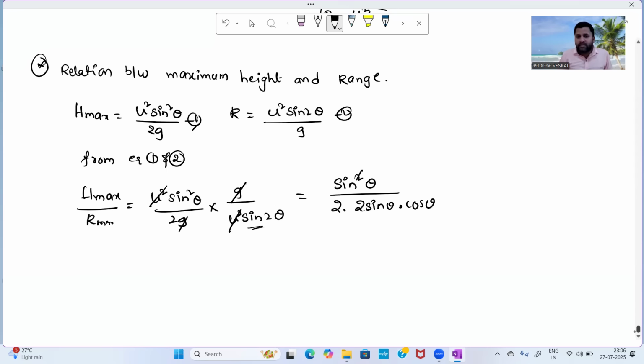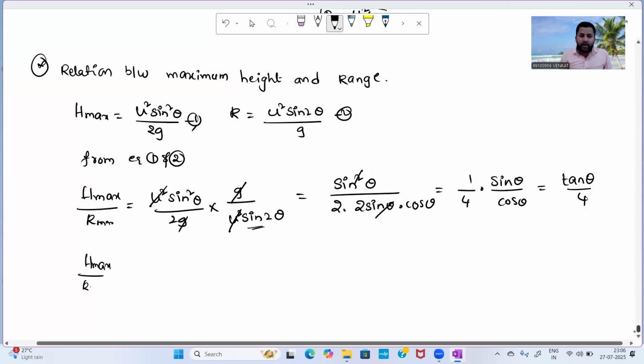Then one sine gets cancelled. Then sin by cos, what can we write here? 1 by 4 into sin theta by cos theta. Sin theta by cos theta is tan theta. So H max by R max equal to tan theta by 4. At which angle is it maximum here?